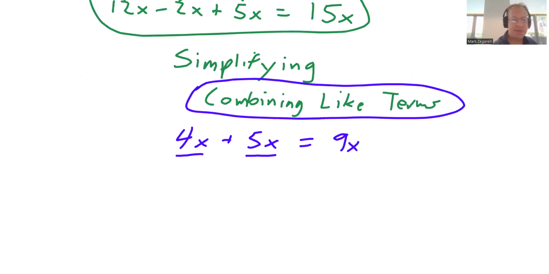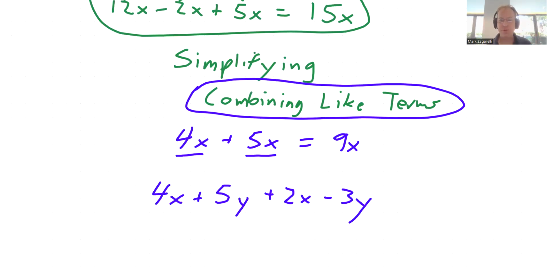Gets slightly more complicated when you have two variables. For example, 4x plus 5y plus 2x minus 3y. Now we have two variables and we have terms, which are things separated by pluses and minuses, that have different variables.